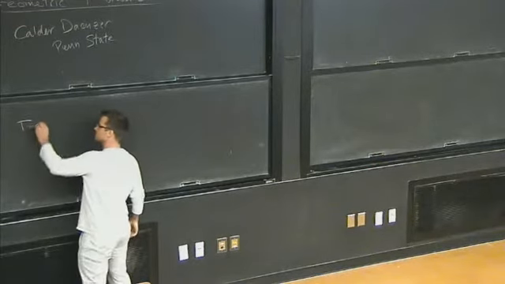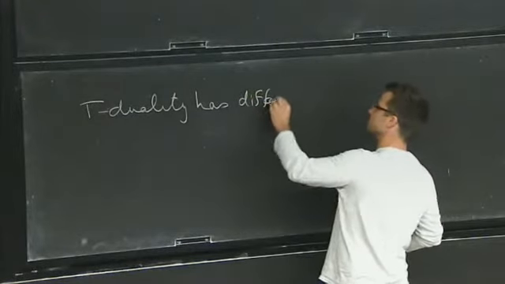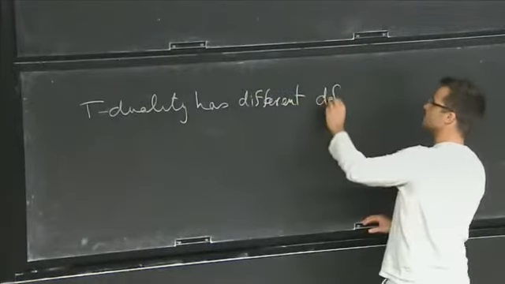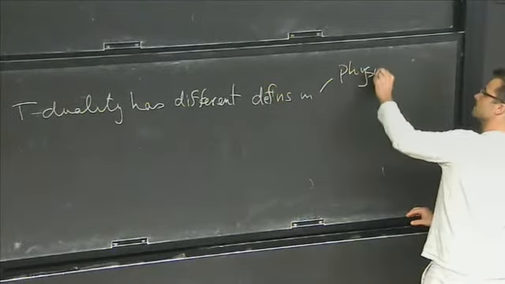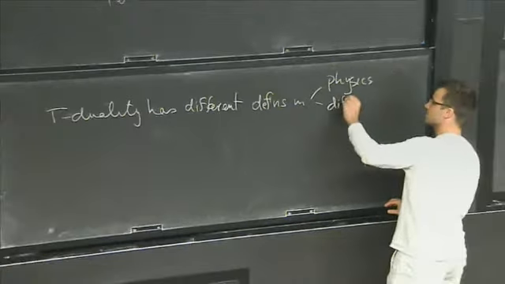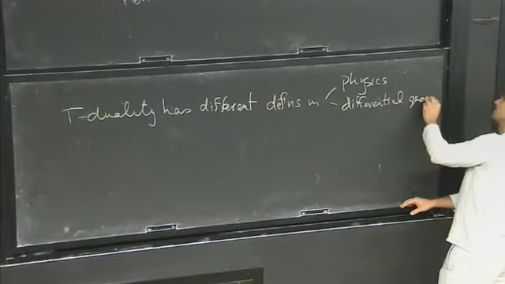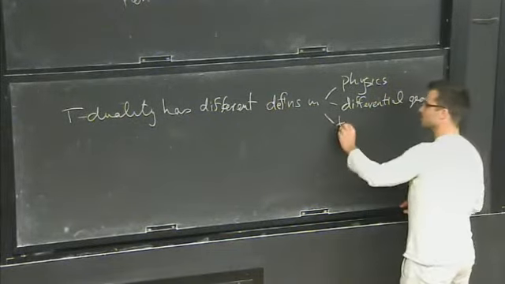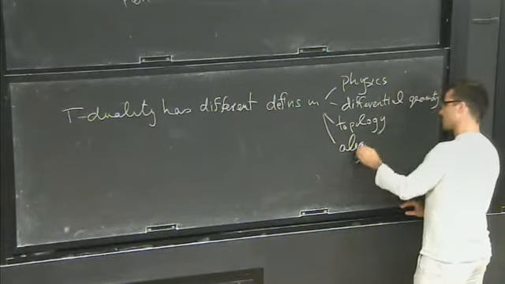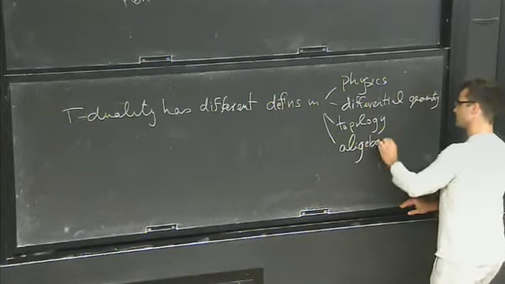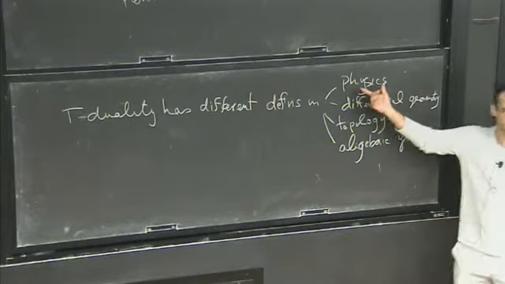So T-duality has different meanings or different definitions in physics, in differential geometry, in topology, in algebraic geometry.